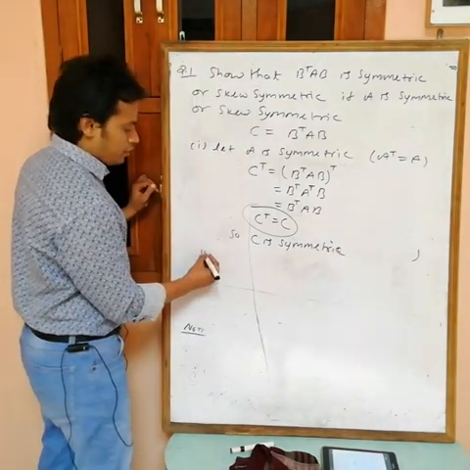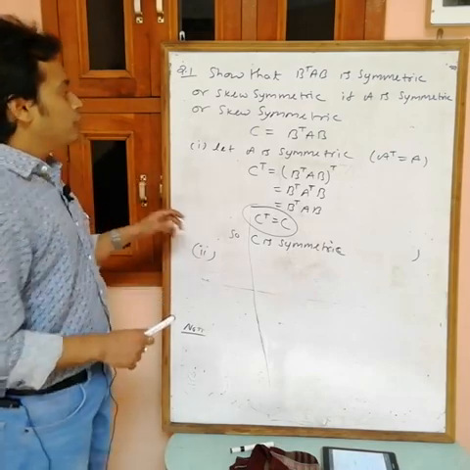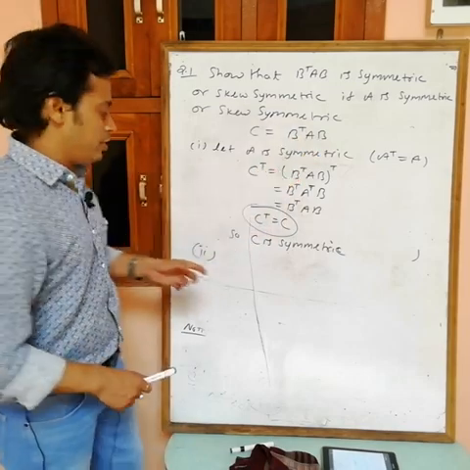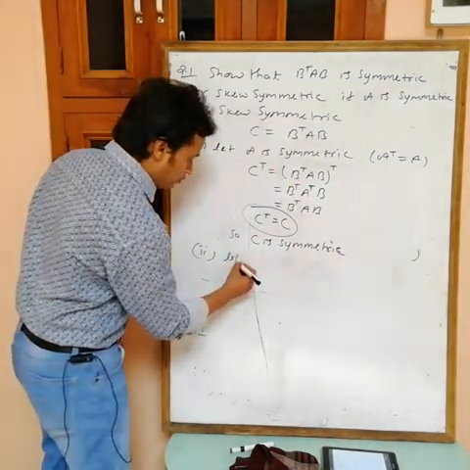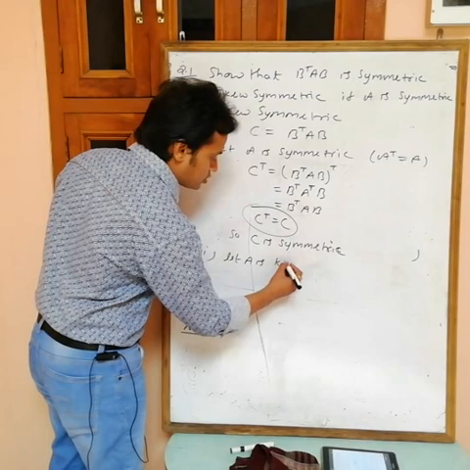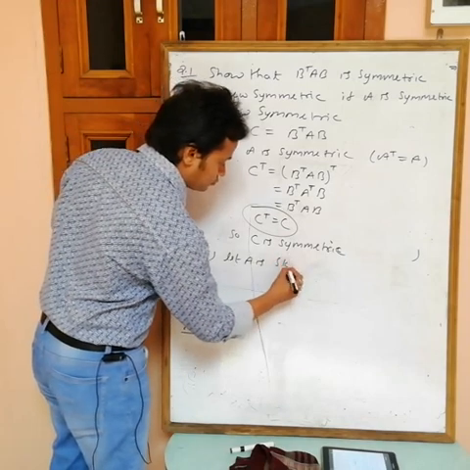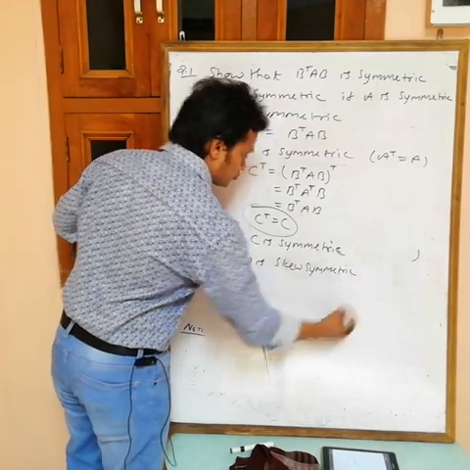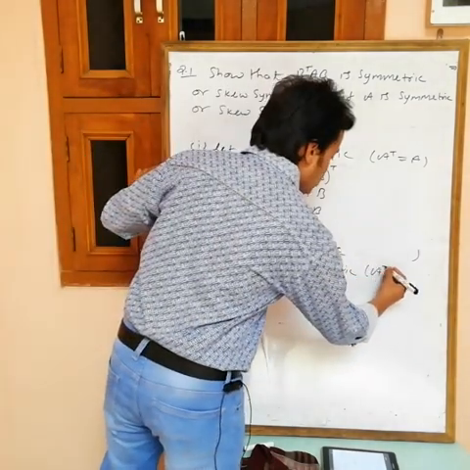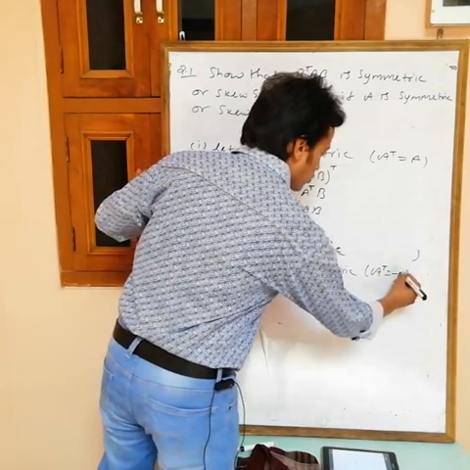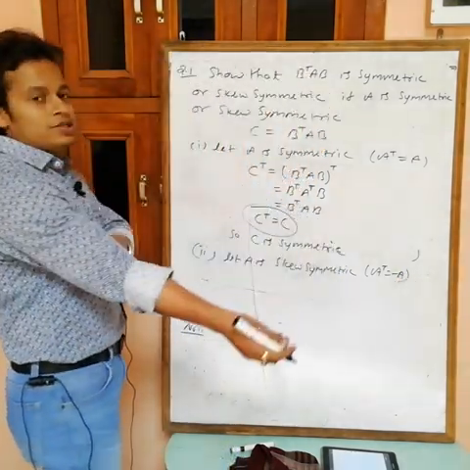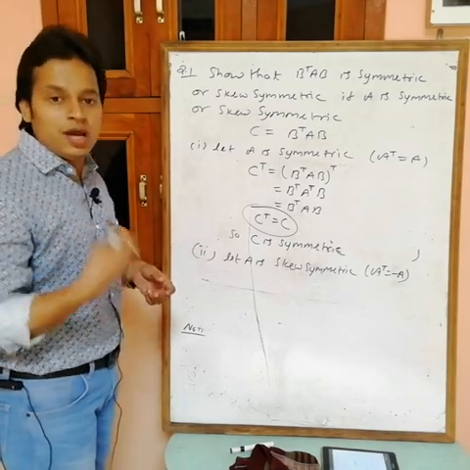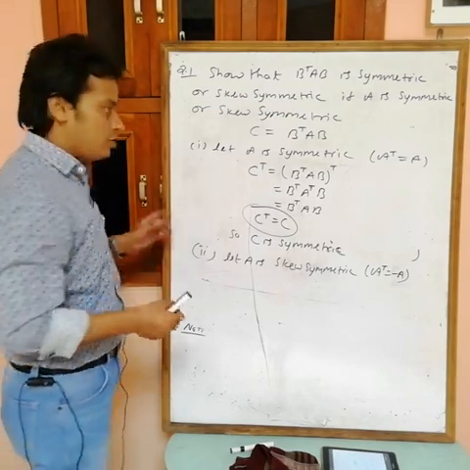Second part. In the second part, we want to prove that if A is skew symmetric, then this one is also skew symmetric. So let A be skew symmetric. It means A transpose equals minus A. Now you want to prove that C is skew symmetric. So find C transpose. If C transpose equals minus C, then C will be skew symmetric.